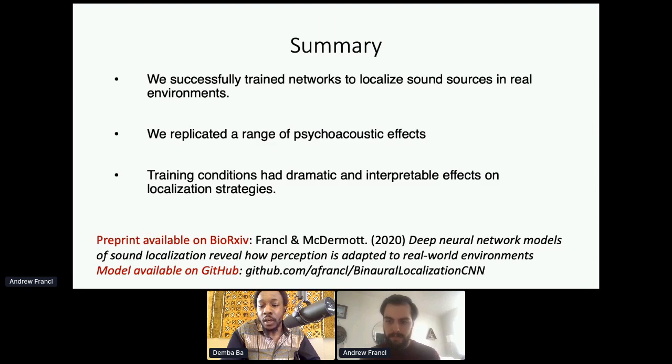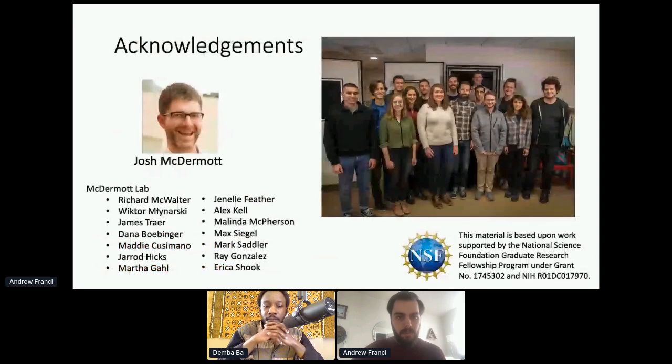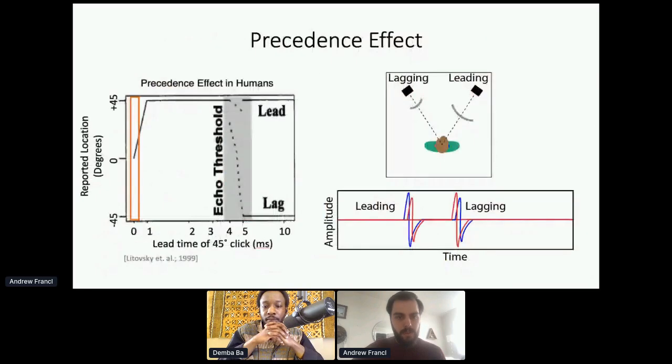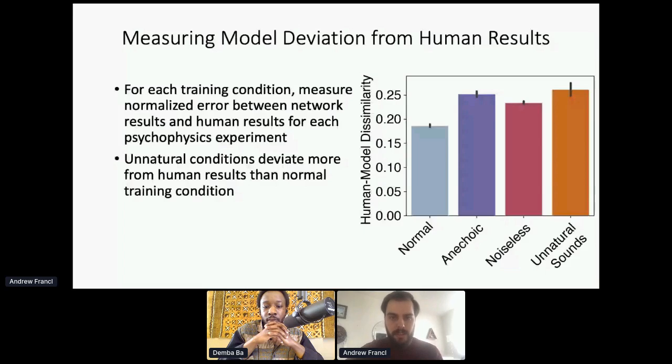Thanks for clarifying. So Anna asks, does the network still perform the localization task well if it's trained on non-natural sounds? And I think you had a slide that addressed that, yeah? Yeah. Let me go back to that real quick. So this is probably the highest level version of it, this one right here. This is the unnatural sounds task, and it definitely performs worse.